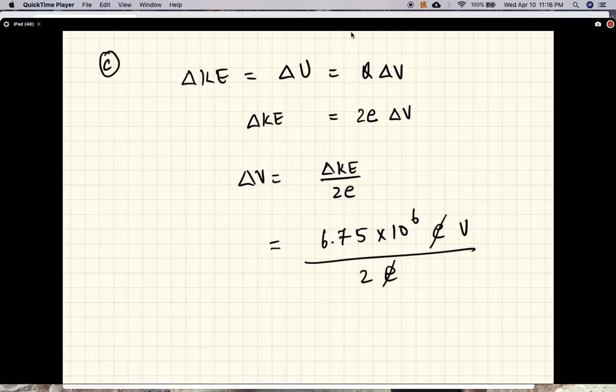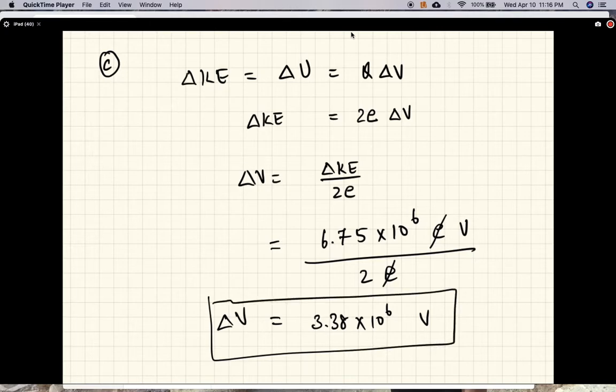So the e cancels, and 6.75 divided by 2 is 3.38 million volts. Okay, so that's the potential through which you need to accelerate the alpha particle for it to gain that energy, 3.3 million volts. Okay, so that takes care of that problem.